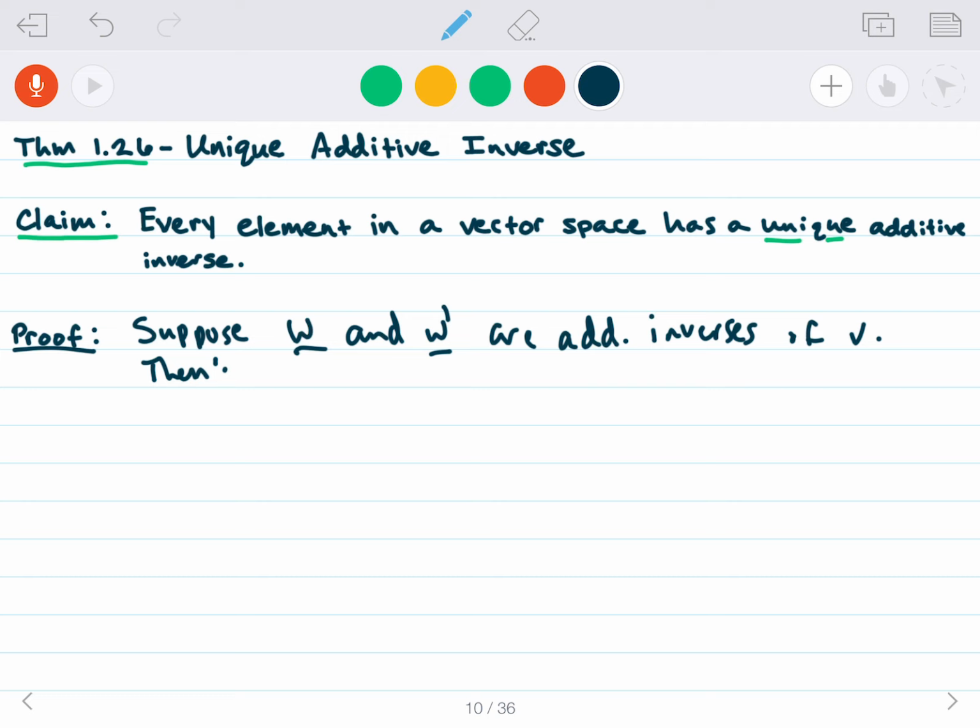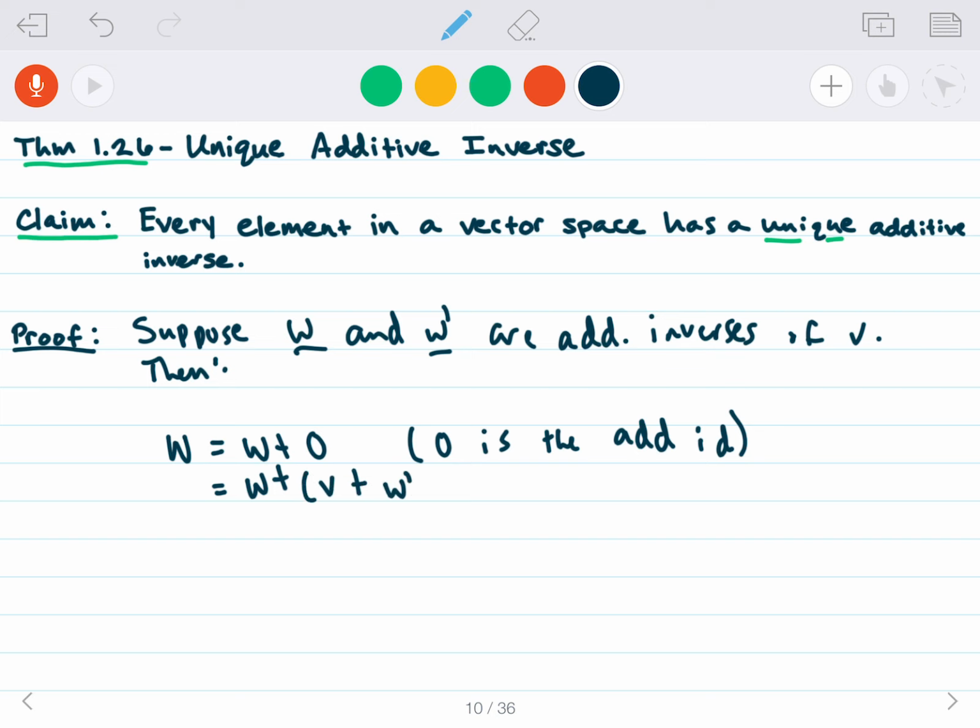Okay, so what do we have? Well, first of all, we have W equals W plus 0. Why? Well, in the previous proof, which we can use now that we proved it, 0 is the additive identity. So if we add it to any vector, we get the vector back. So this is going to equal W plus (V plus W prime).